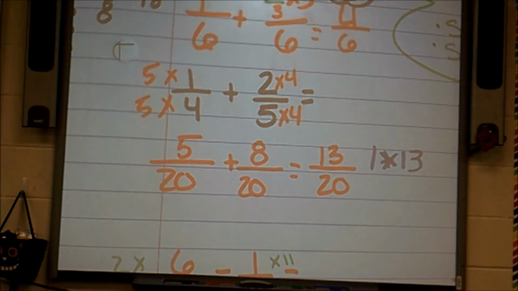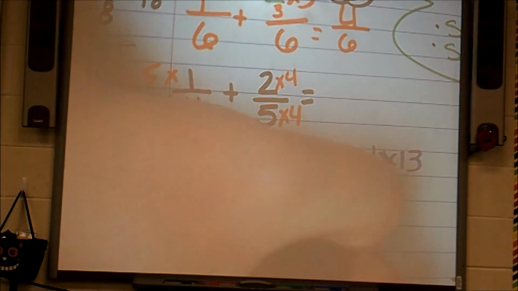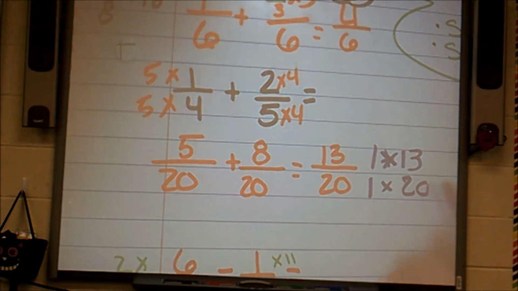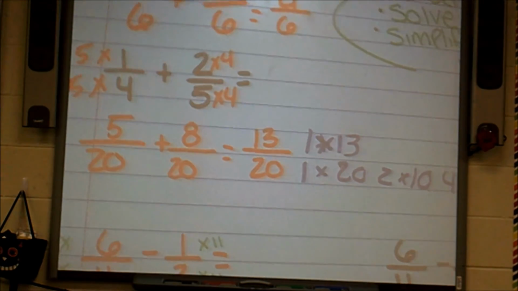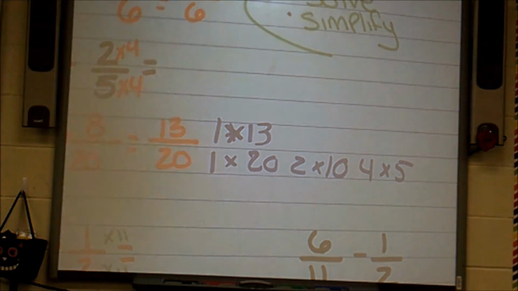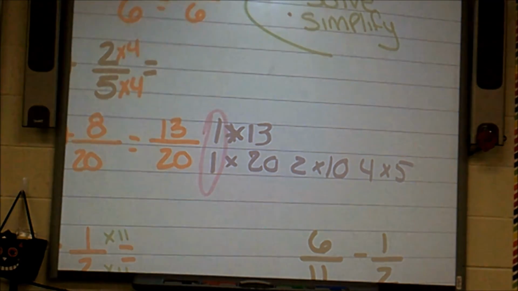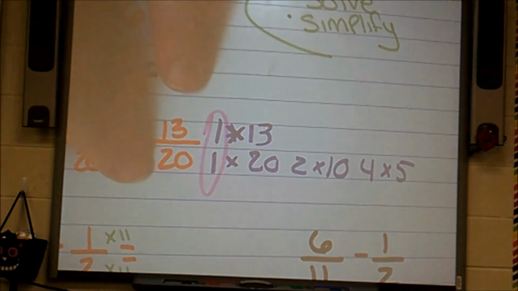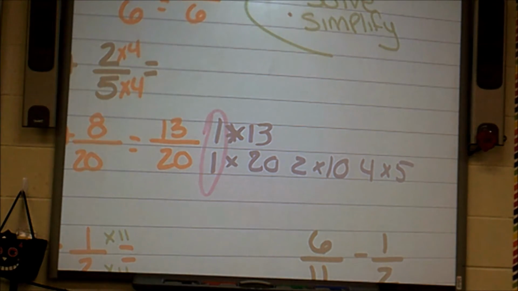And then my factors for 20 are 1 times 20, 2 times 10, and 4 times 5. So then I'm going to look and see what numbers they have in common that I can divide them by. The only number I see is 1. And because they're only divisible by 1, it's going to keep the same number. So 13/20 is in simplest form.